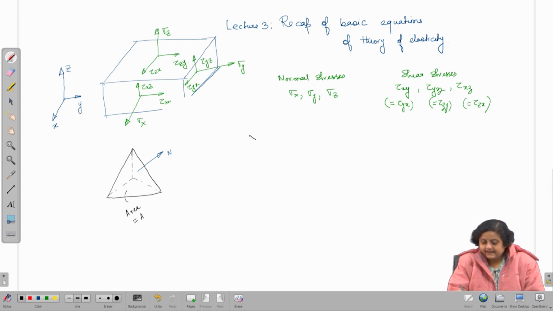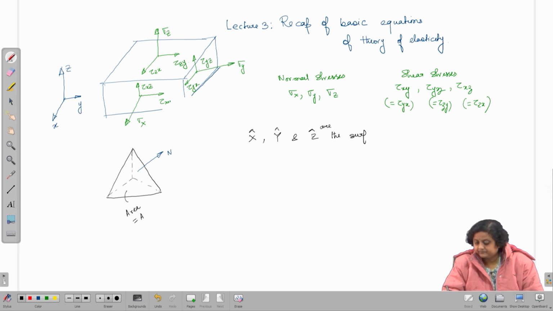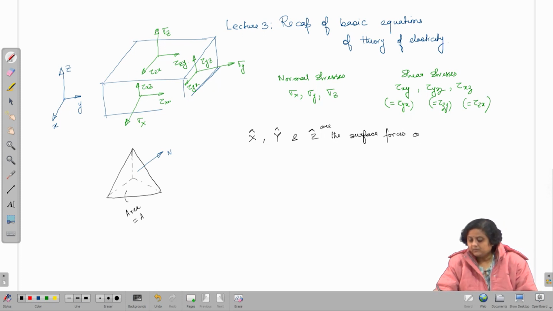Let x hat, y hat and z hat be the surface forces on the boundary, surface forces per unit area.